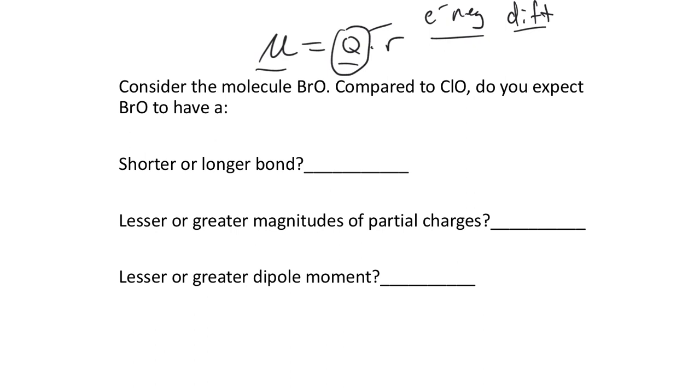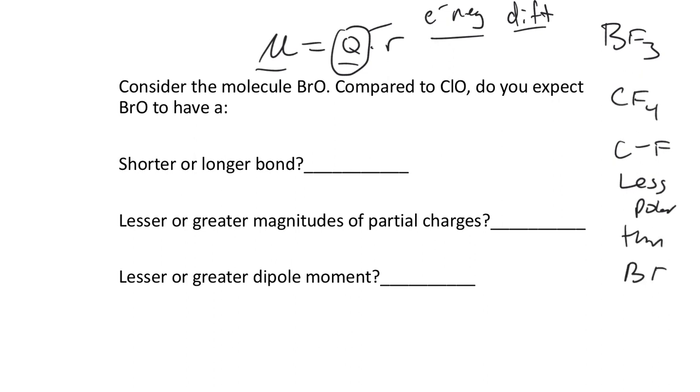And this goes for all bonds, not just diatomic. So if you're comparing BF3, for example, versus CF4, where boron's electronegativity is lower than carbon's, the CF bond is probably not as polar. So this is probably less polar than BF3, or than the BF bond.